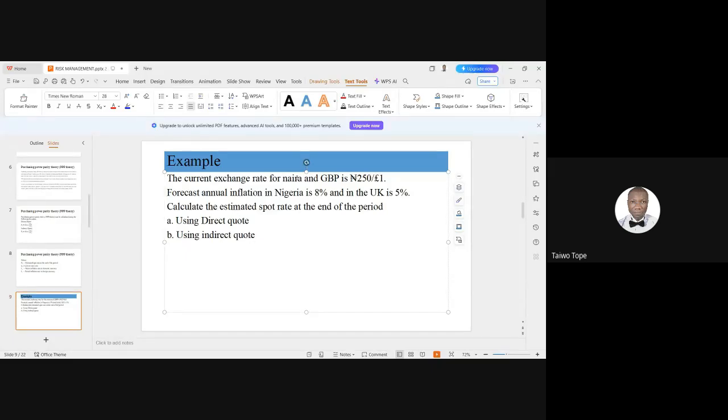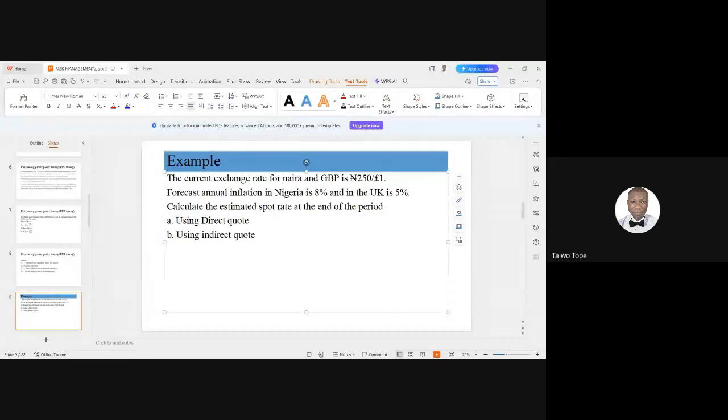The forecast annual inflation in Nigeria is 8%, and in the UK is 5%. Calculate the estimated spot rate at the end of the period using direct quotes and also using the indirect quotes.